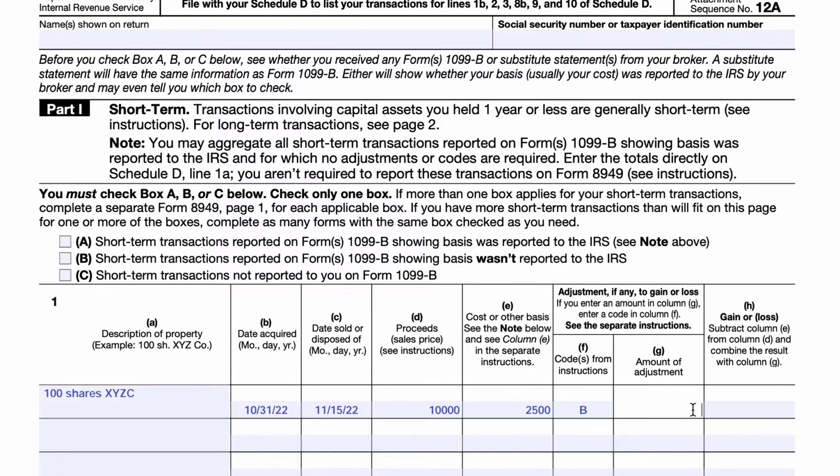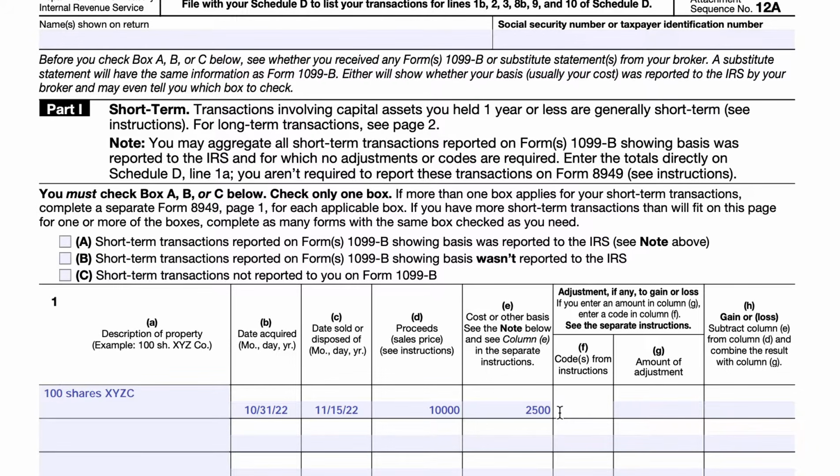If you received a 1099-B and the type of gain or the loss is incorrect, then you would use code T, and so on and so forth. There are various different codes for Form 8949 in the form instructions, as well as detailed guidance on how to use that.